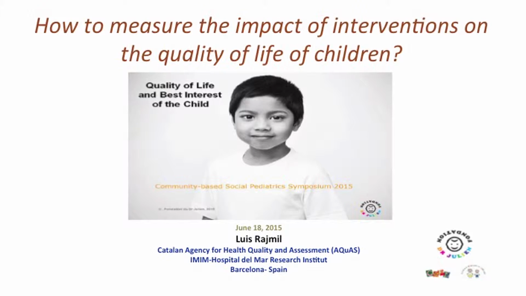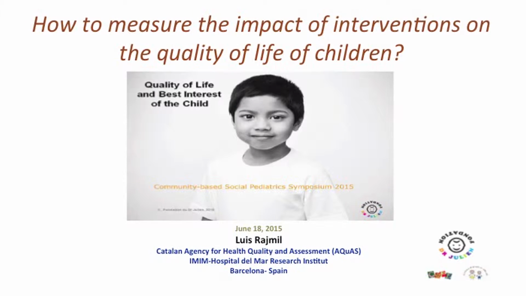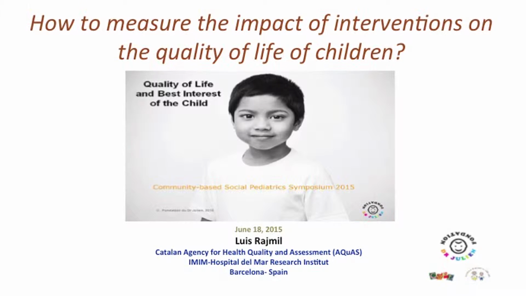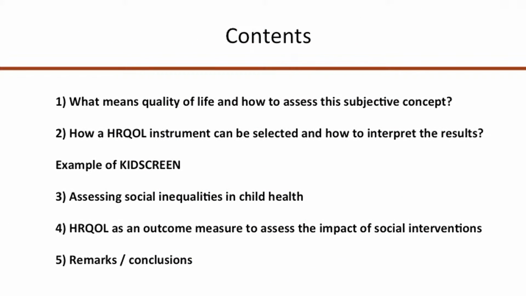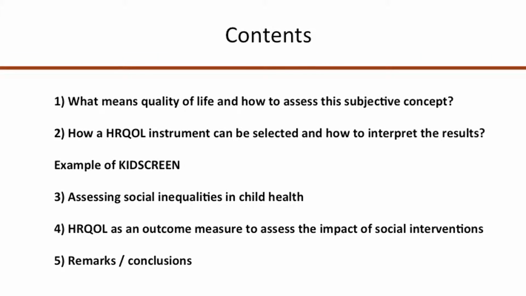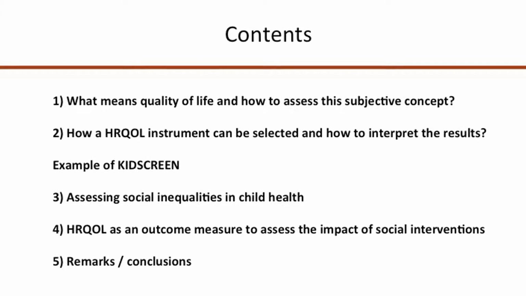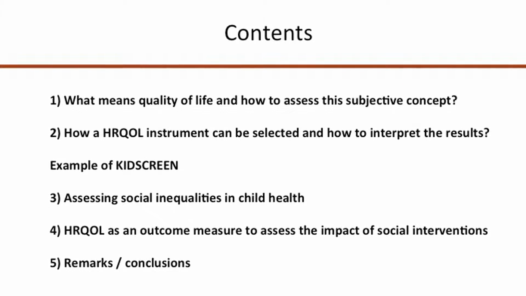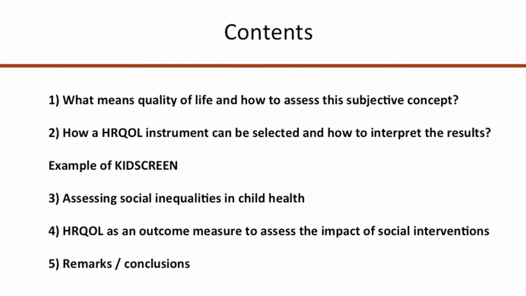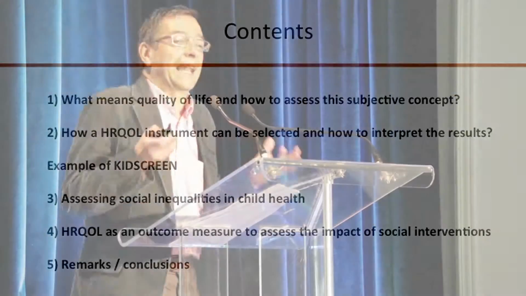Okay, I will first try to approach what quality of life and health-related quality of life conceptually are, how a health-related quality of life instrument can be selected, how to measure and interpret the results, with one example using the instrument called KidScreen.